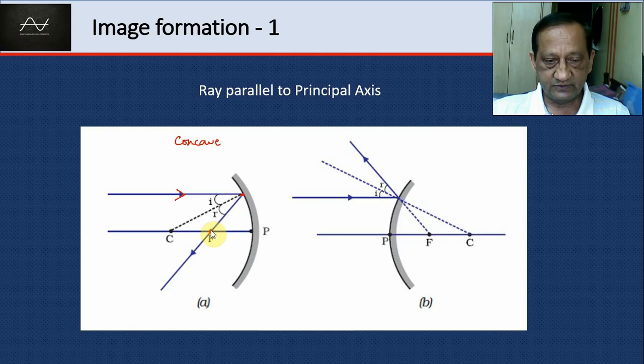It will go through the focal point. In the case of convex, this is the incident ray, this is the reflected ray, the normal is this one, the angle of incidence is equal to the angle of reflection, and the rays seem to come from this point F. So that is one type of ray, which is parallel to the principal axis. It will either actually pass through the focal point or seem to come from the focal point, depending on the type of mirror that you have.